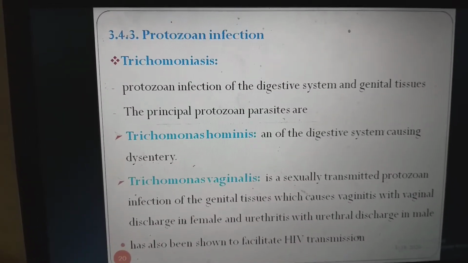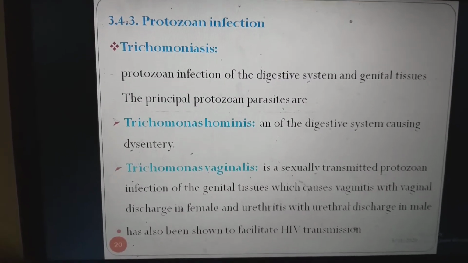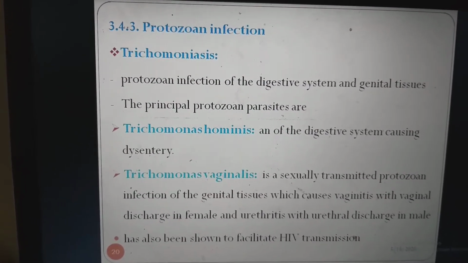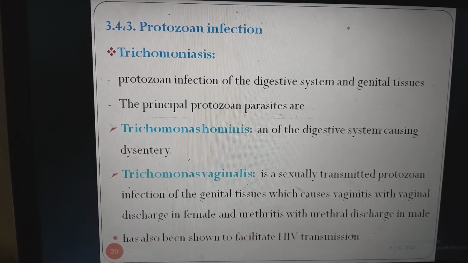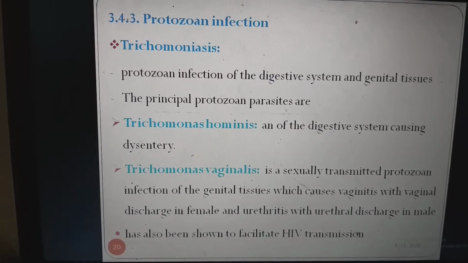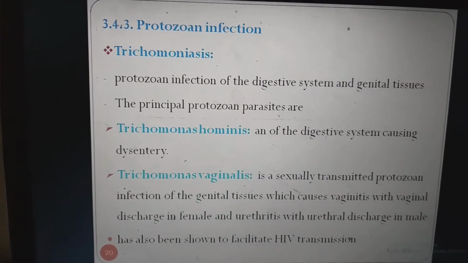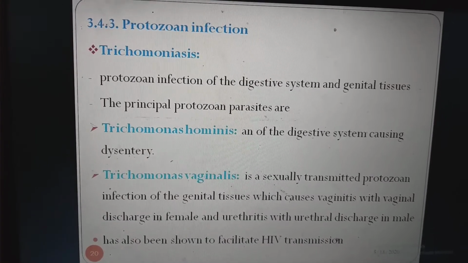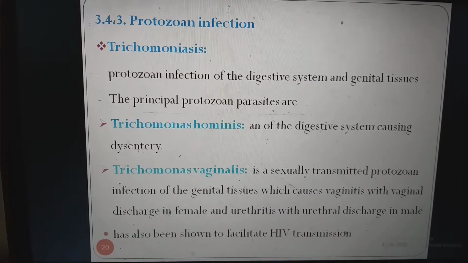The other is protozoal infection like trichomoniasis, protozoal infection of the digestive system and the genital tissues. The principal protozoal parasites are Trichomonas hominis, which is one of the digestive system, causing dysentery.